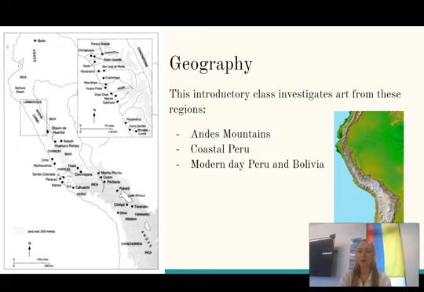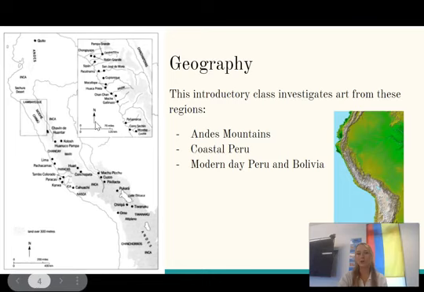So from the desert to the coast, these mountains actually rise up fairly quickly, within around 50 miles of the Pacific Ocean. So it's very abrupt. So the people who lived in the Andes had to adapt to very quickly changing temperatures, different climate zones, and different ecosystems, all within a fairly small area.